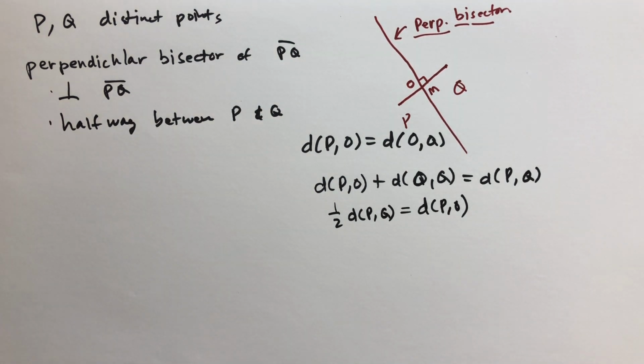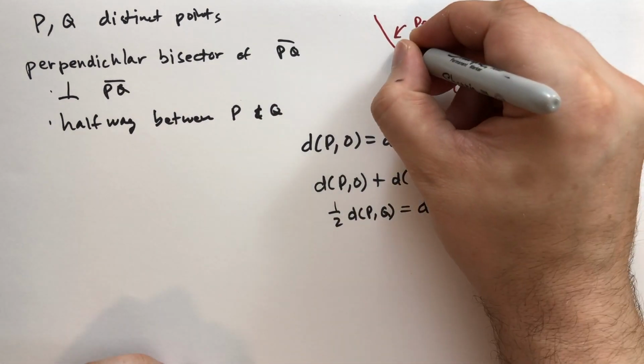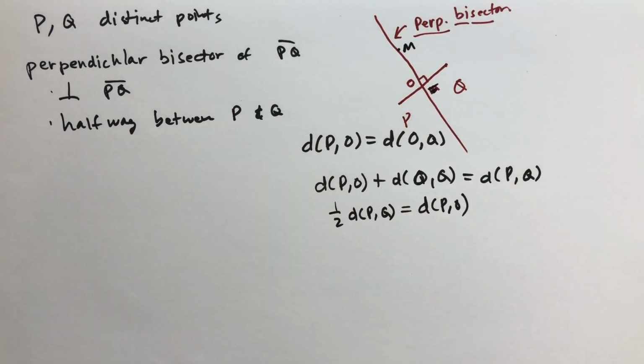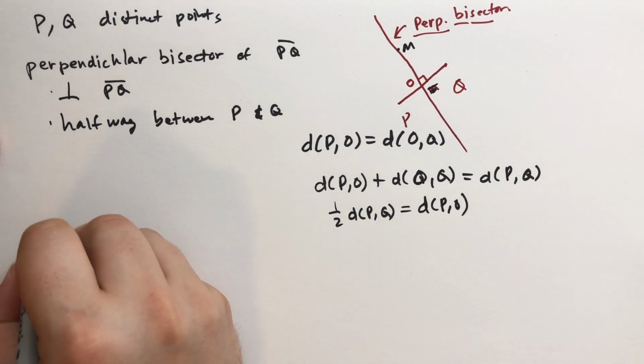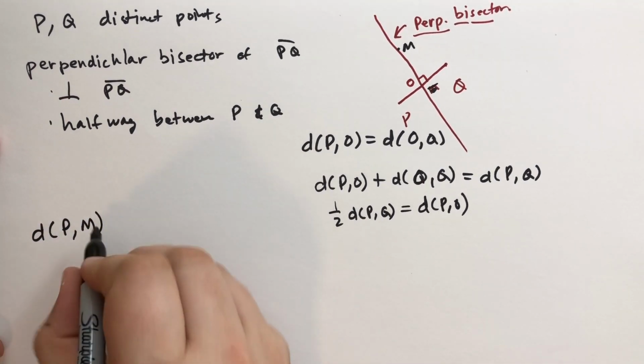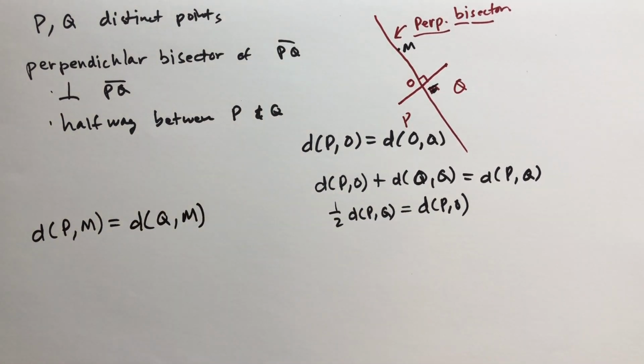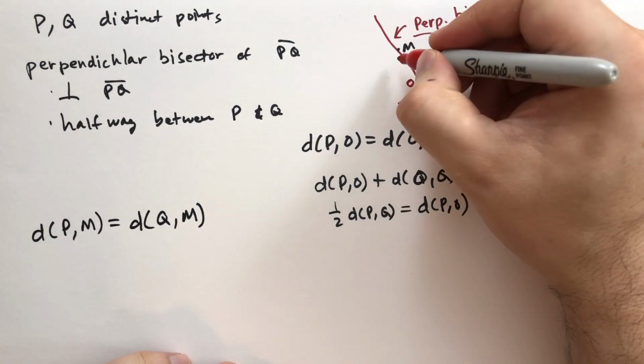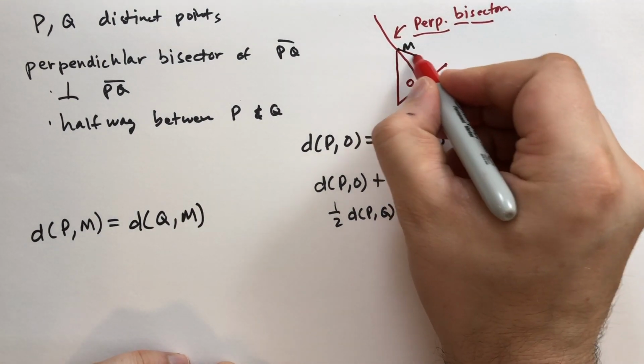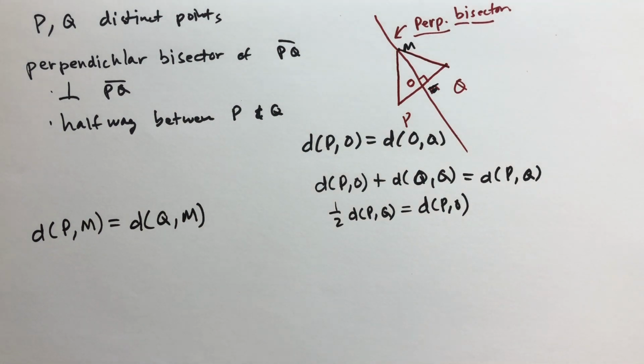This next result is important. It says that if we have a point M somewhere on the perpendicular bisector, then this corollary says that the distance from P to M is always equal to the distance from Q to M. Graphically, it should be relatively obvious why this is so.